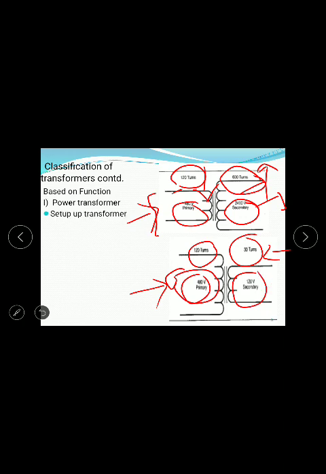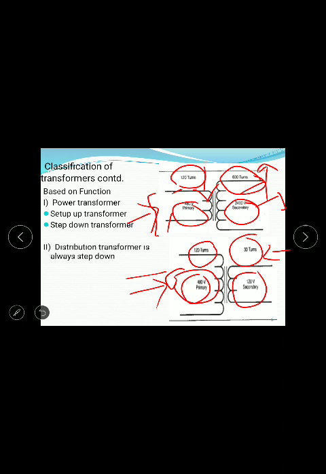So now the power transformers, that means this is called a power transformer and this is also called a power transformer. Power transformers are step up transformers and step down transformers, based on the number of windings at the primary side or secondary side.